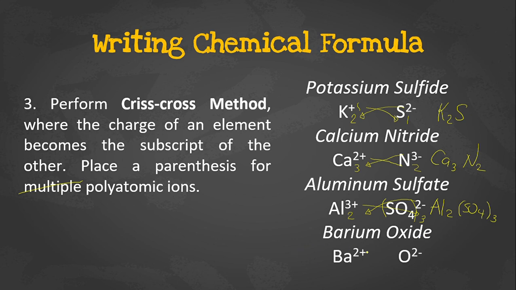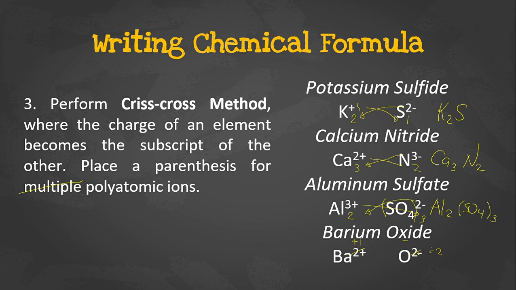Okay? Now, for the last one, for barium oxide, mapapansin natin, ano sila? Multiple ng 2. Okay? Positive 2, tsaka 2 negative. So, pwede natin silang i-lowest form. Pwede natin silang i-divide by 2. So, this becomes positive 1 and this becomes negative 1. Ay, ano ba yan?